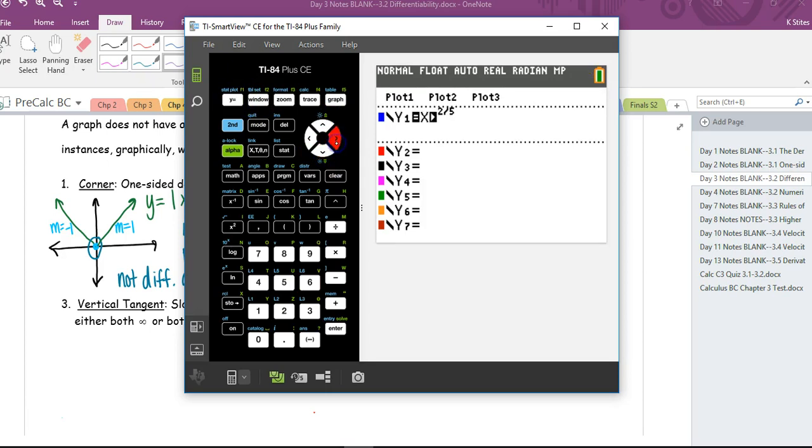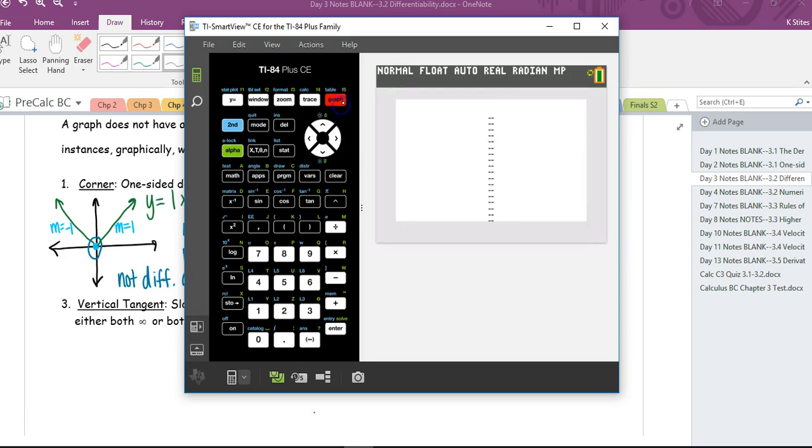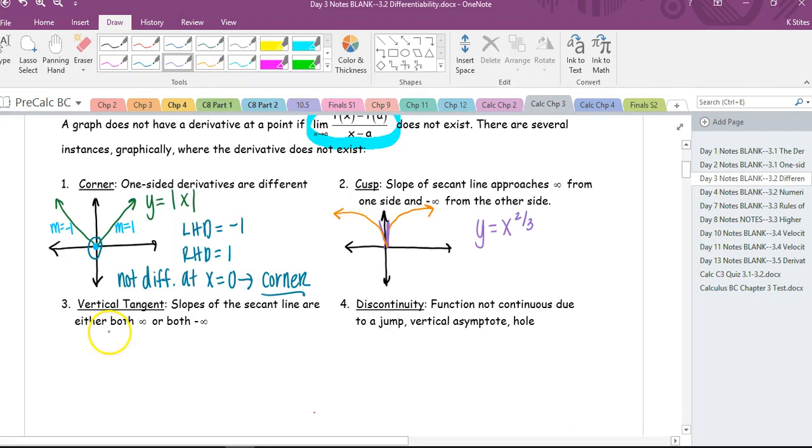If you go ahead and graph this, that's what it looks like. Okay, you can see it is getting steeper as we go towards x equals 0. So we would not be differentiable at x equals 0, and we call this a cusp.